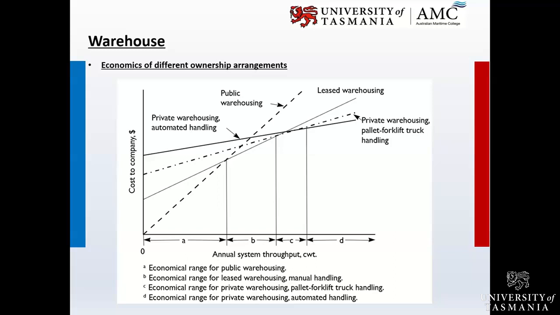For example, when we look at area A, if the company's throughput is within area A, we find which arrangement is the most profitable. So you can identify the most profitable arrangement.